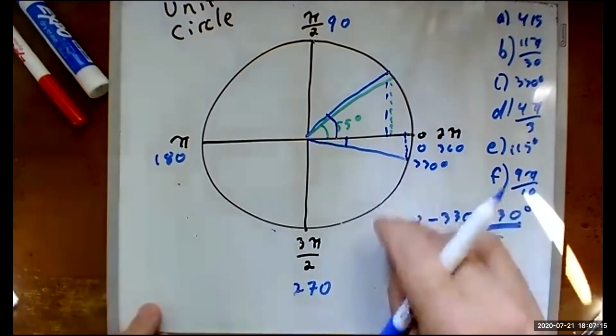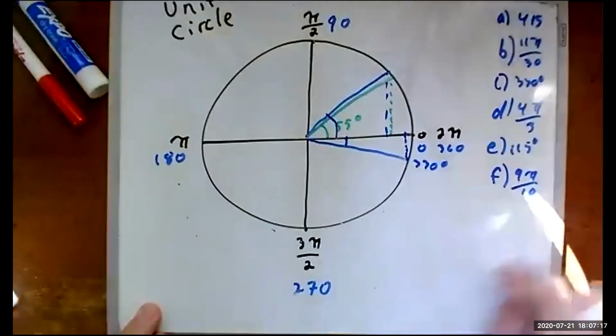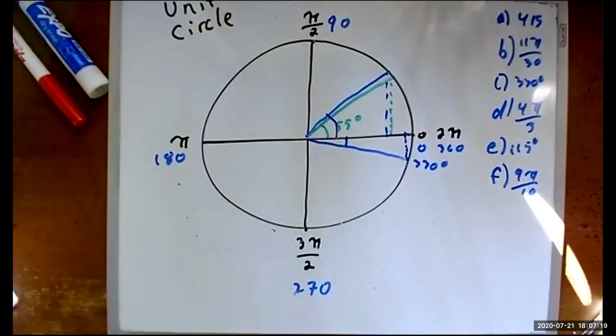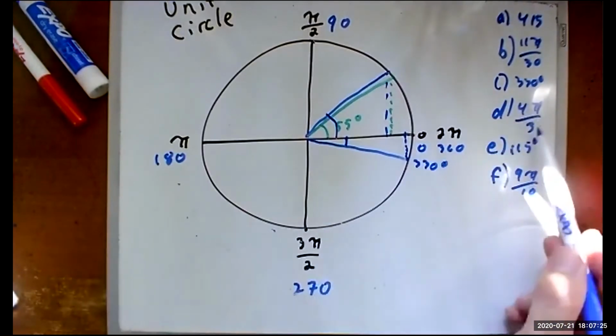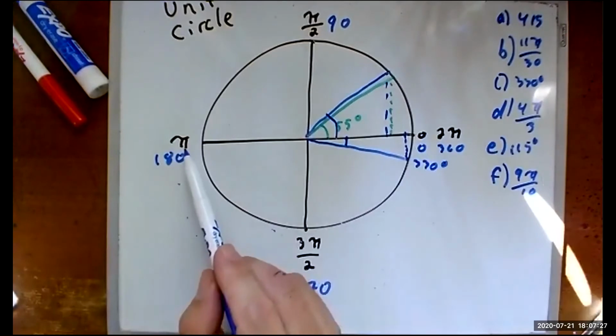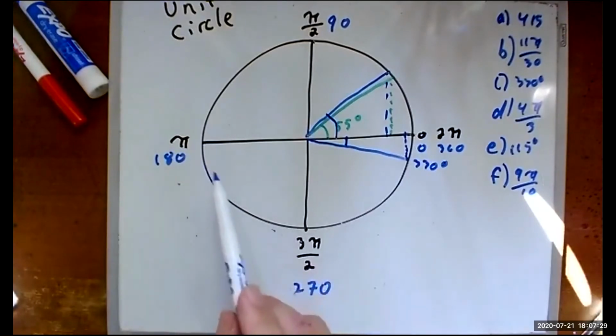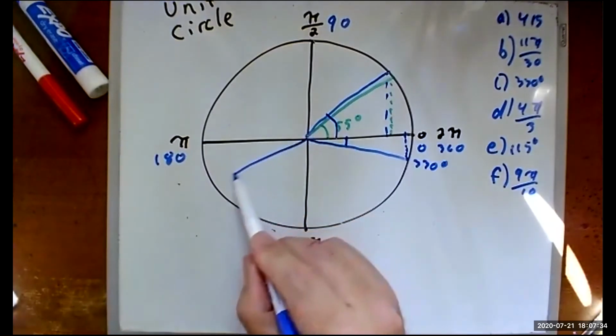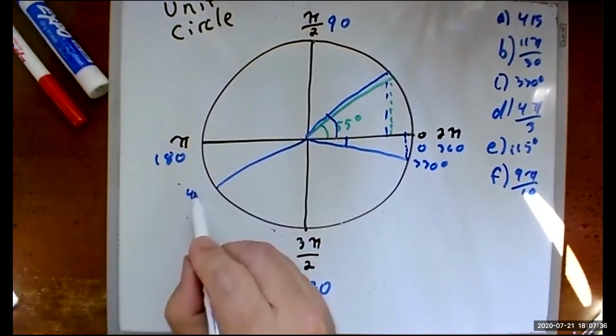Okay, with this next one, you can't always do this, but I want to try and show you a fairly quick and easy way to switch between your radians and your degrees, certainly for all of your big easy numbers. So 4 pi over 3. If I had 3 pi over 3, I would just have a single pi.